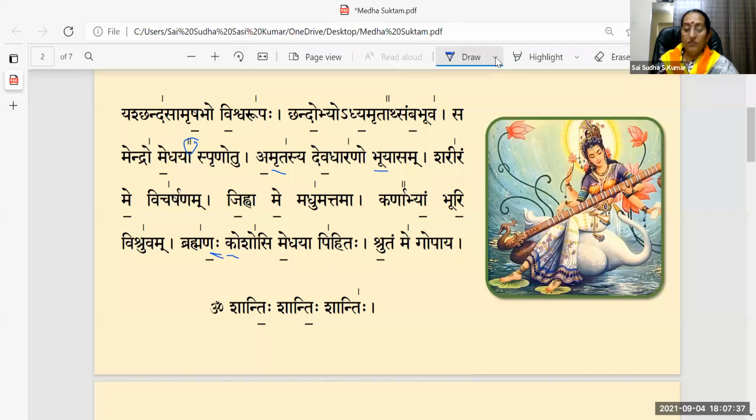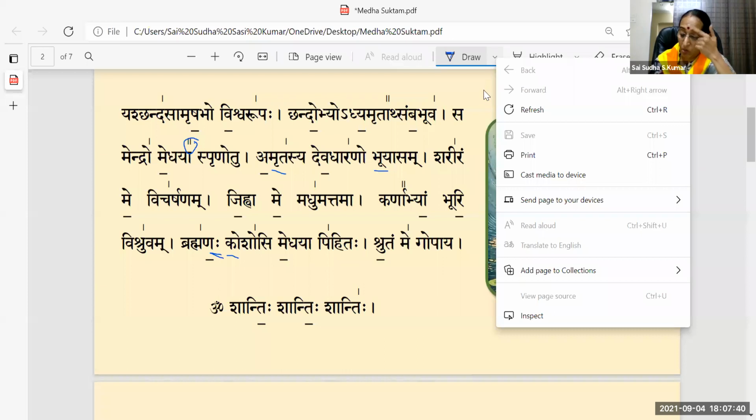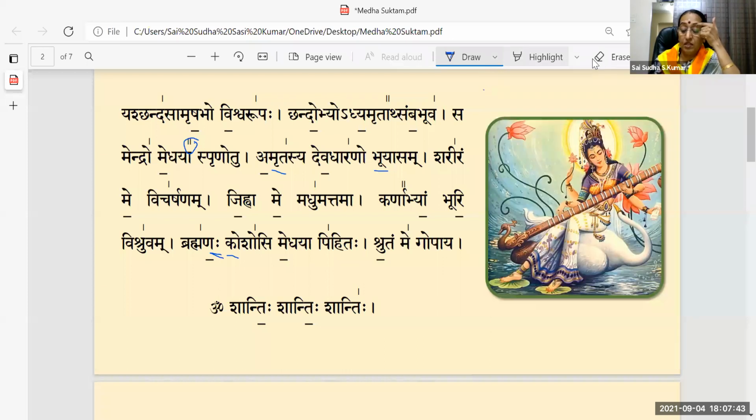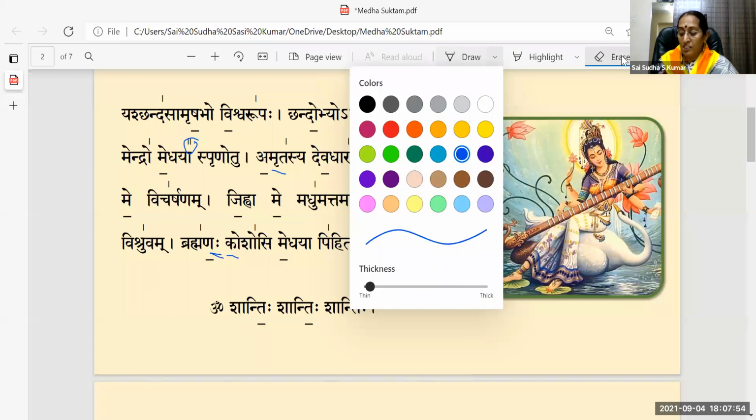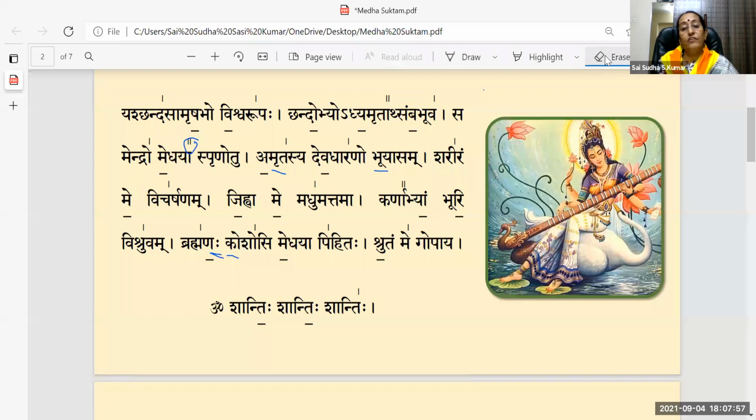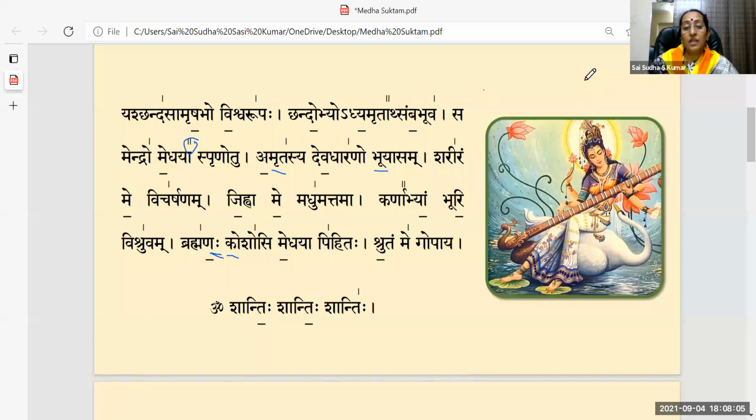Now for Yash Chandasam Rishabho, quickly I will just say the meaning. We are praying to Medha Devi for blessings, for spiritual intelligence or Viveka Buddhi. As I said, it is not ordinary intelligence. Then, may I be blessed with immortality. Immortality in the sense that it is not always being in the physical form or something like that.